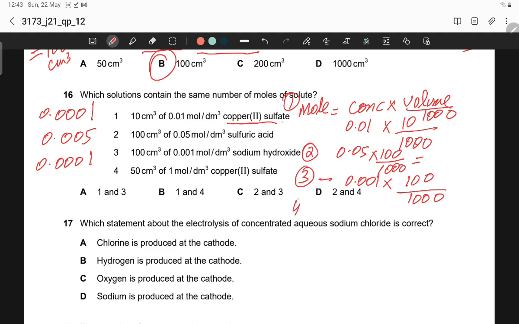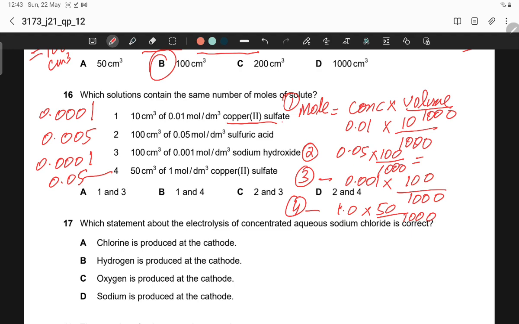And 4 is 0.1 mole into 50 divided by 1000. 50 divided by 1000, it is equal to 0.05.